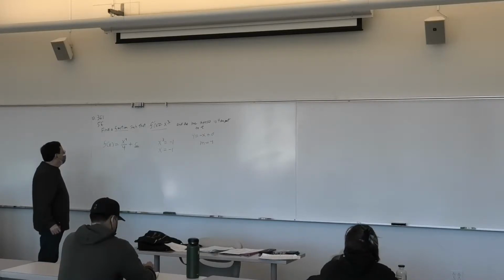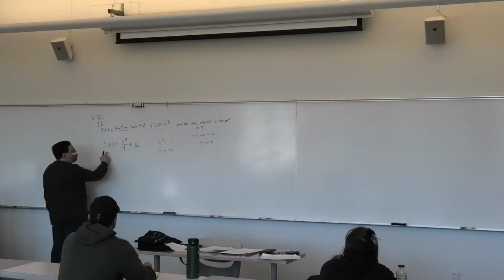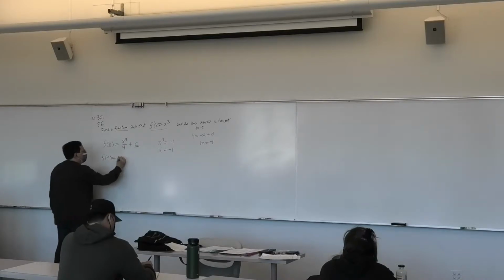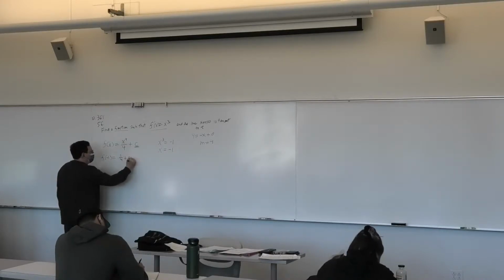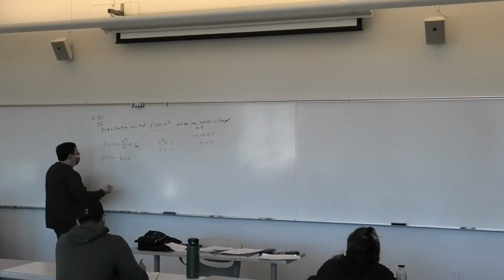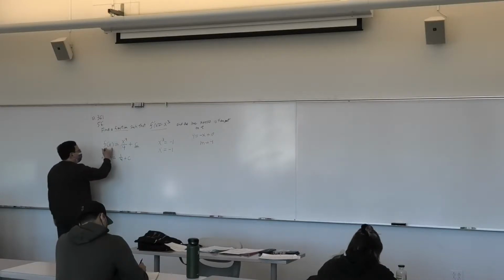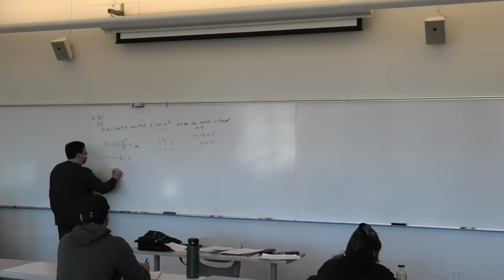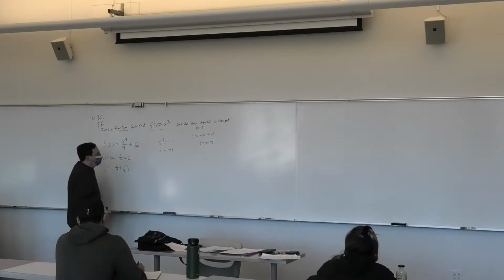So let's see how that works. Here we have minus 1 equals 1/4 plus c. So that's a point on the function, negative 1/4 plus c. We don't see that.